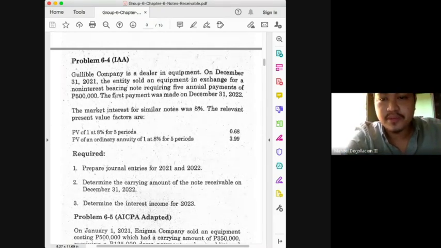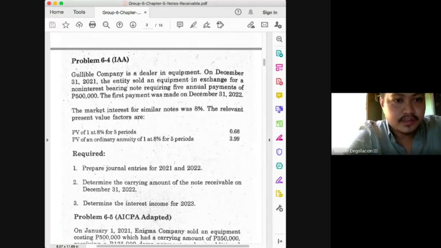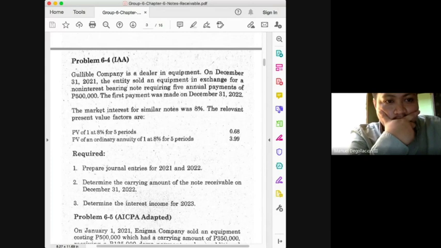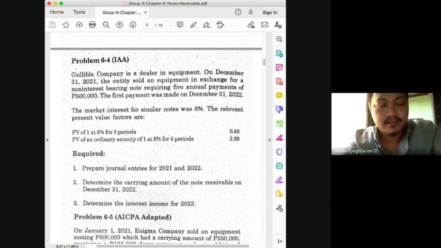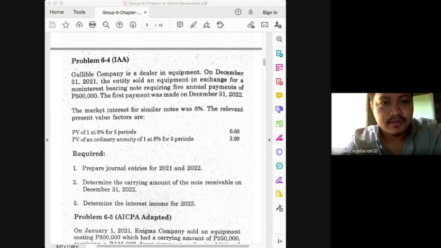We will be at 1,500,000, and we'll deduct the remaining unearned interest income. Before, the remaining unearned interest income was 345,400, and we have earned another 132,368. Can you deduct it for me, class?